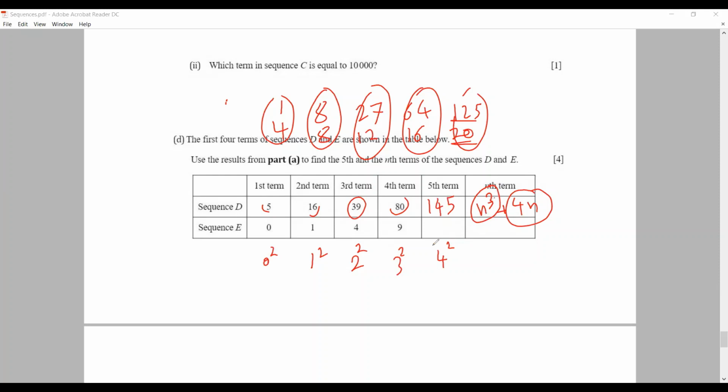The nth term should be, there must be a connection between these 2 numbers, 3 and 2, 4 and 3. As you can see, these numbers are 1 unit less than the position. So if this is the nth term, this should be n minus 1 squared. So as simple as that.